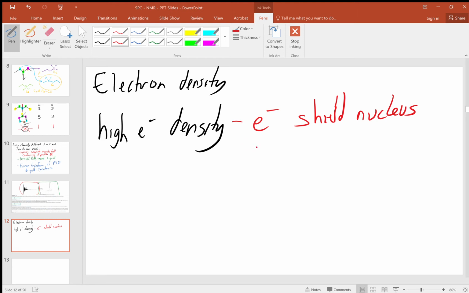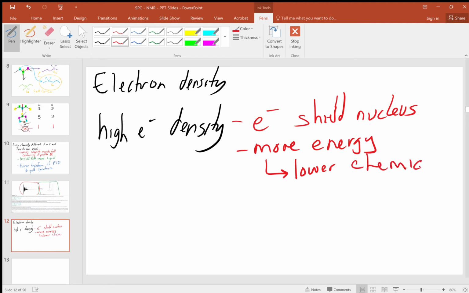Because the nucleus is shielded, it requires more energy. And more energy and chemical shift, which is a term we're going to define in a few minutes, are actually inversely proportional to each other. So we get a lower chemical shift.